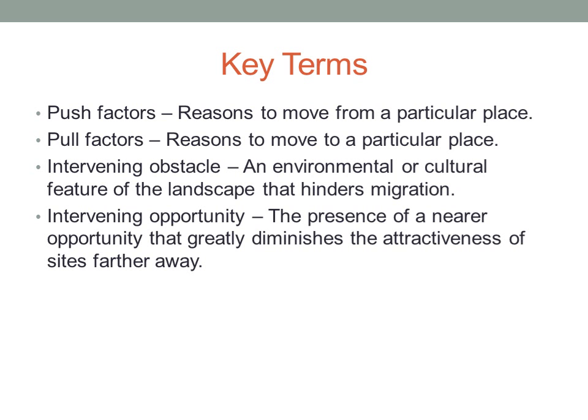So first off, we have some key vocabulary terms that we, again, have to be familiar with. The first one is push factors. Push factors are reasons to move from a particular place. They push us from one place, pushing us away. Then you've got pull factors, reasons to move to another place.